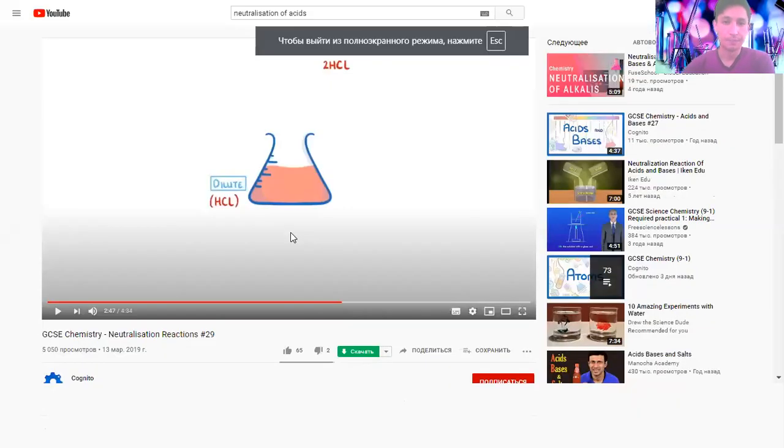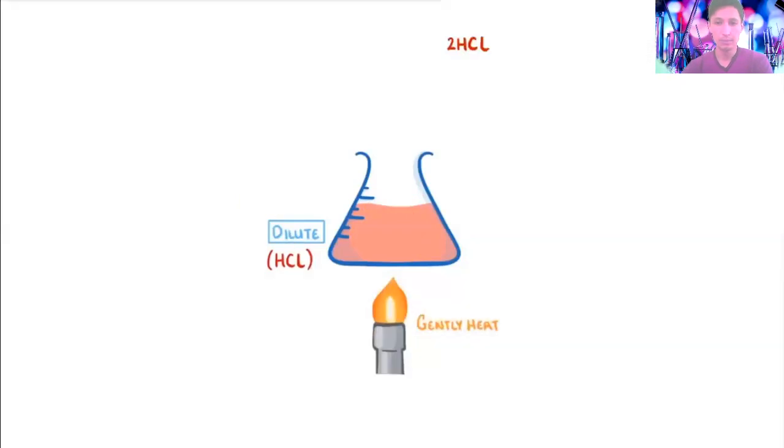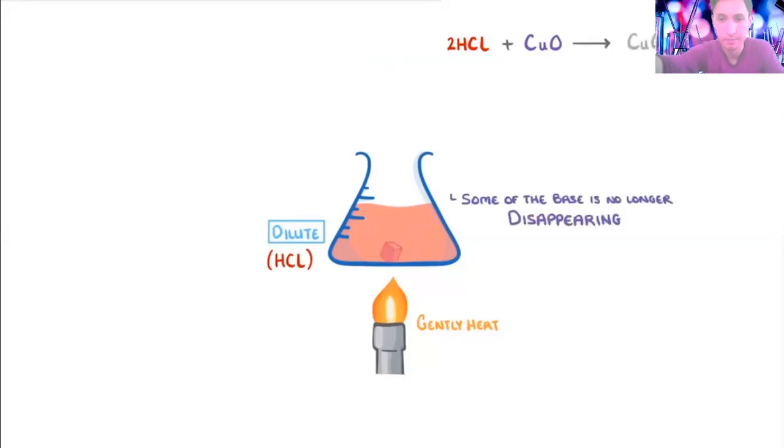Okay. Acid in a beaker and gently heat it with a Bunsen burner. Then you keep adding insoluble base, for example copper oxide, a little bit at a time. At first it will keep disappearing as it reacts to form aqueous copper chloride and water. But then as you add more, you'll see that some of the base is no longer disappearing.